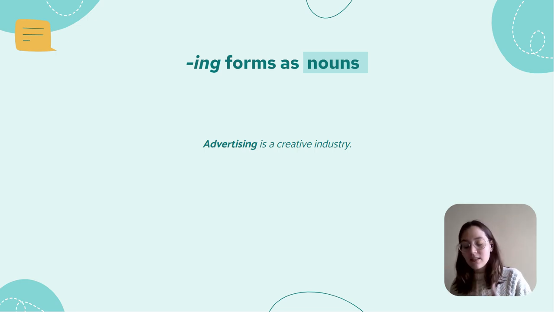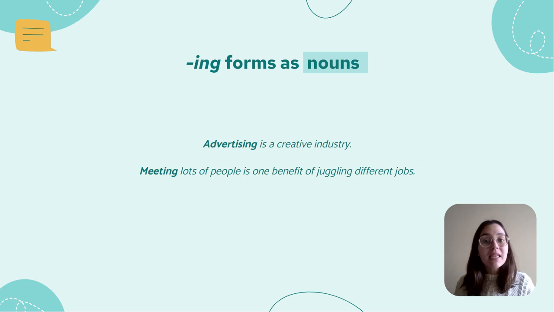They are functioning as nouns, as I said, but they keep, in many cases, of course, it depends on the verb, many of the verbal elements. Meeting lots of people is one benefit of juggling different jobs. I would say here we have two, meeting and juggling. But we're going to leave the case of juggling for later on in the video.